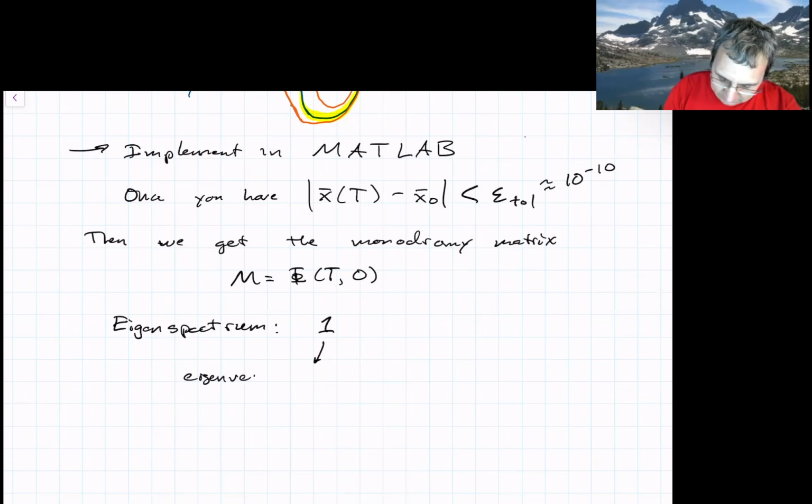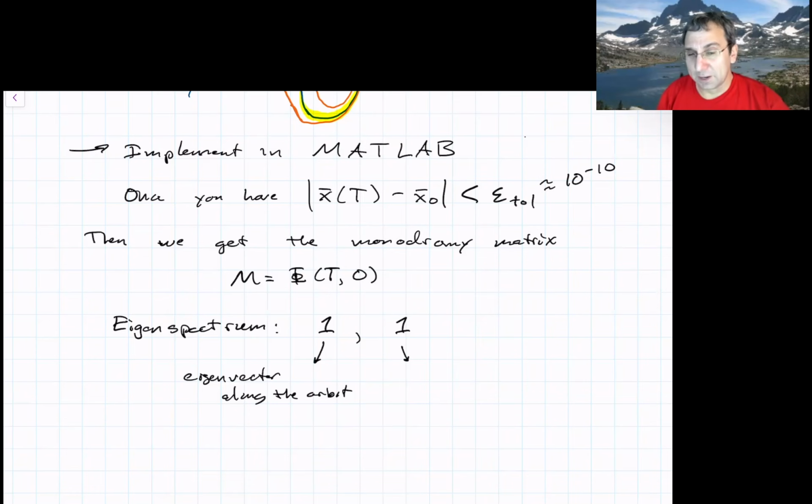There's another eigenvalue 1, and the corresponding eigenvector is pointing to nearby periodic orbits on nearby energy surfaces.